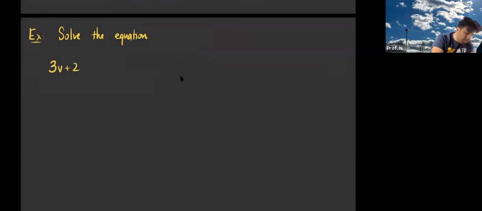Okay, let me give you one for you guys to do at home. So I want you to solve the equation. I'm going to give you the equation. It's 3v plus 2, in parentheses, v minus 4, equals v squared plus v plus 5.